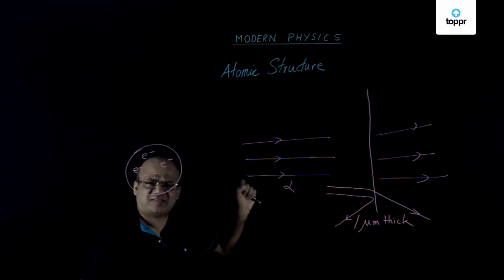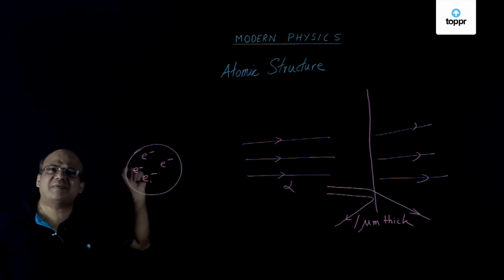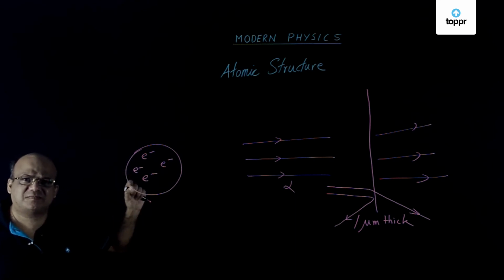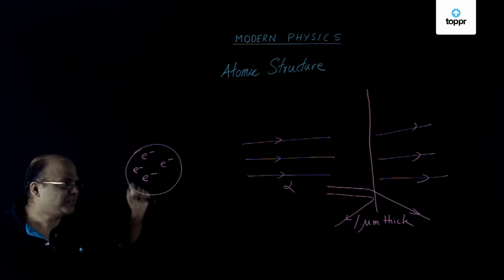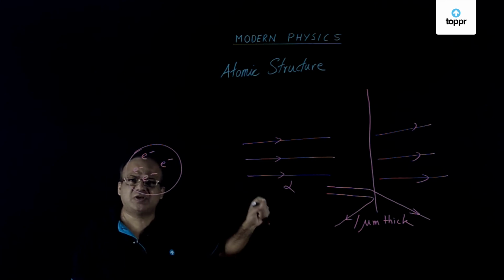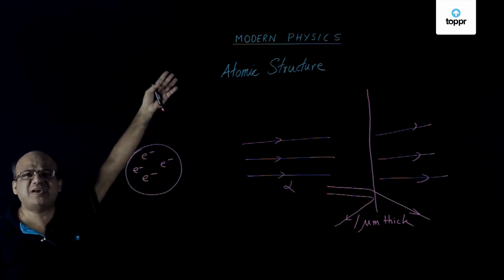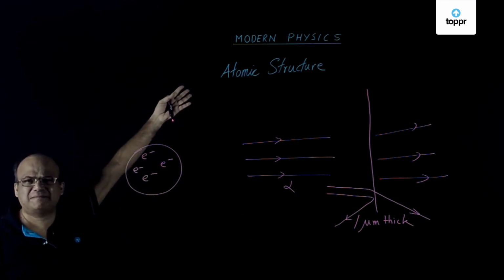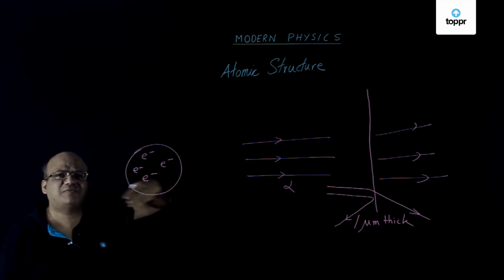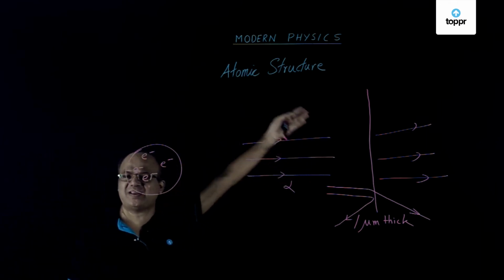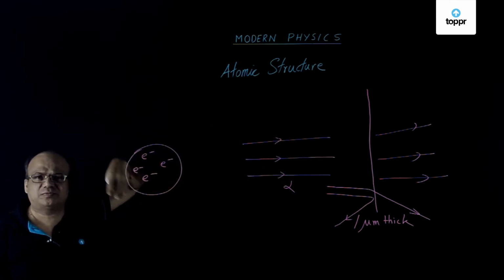So based on this, Rutherford made some conclusions. The first conclusion was that most of the atom is empty space. That's why most of the alpha particles are going straight through.